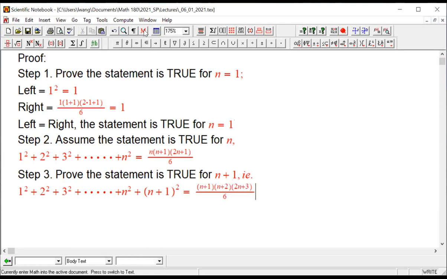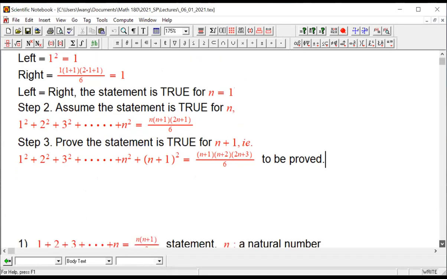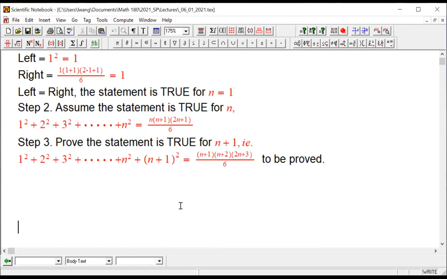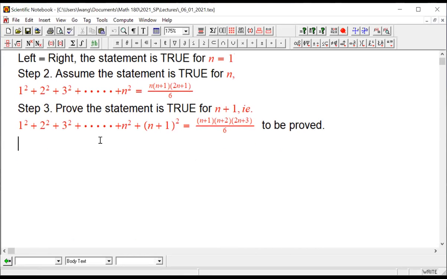Okay, so this is to be proved. To be proved, that means we don't know if it's true or not. Once again, we start from the left.